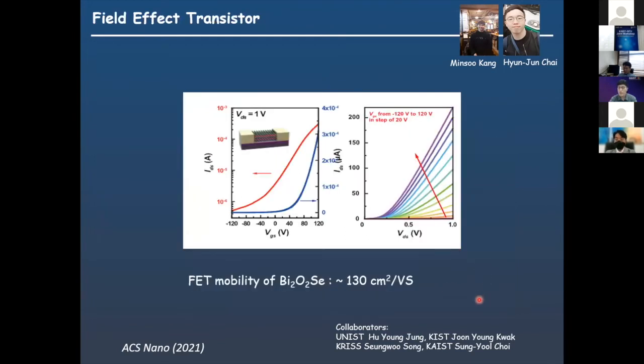And as I introduced, this bismuth oxy-selenide is expected to have good electrical mobility, and we generated the FET devices, and it shows very high mobility. Generally for thin film semiconductors, it's really difficult to get over 100 centimeter-scale mobility, and it shows a very nice mobility.